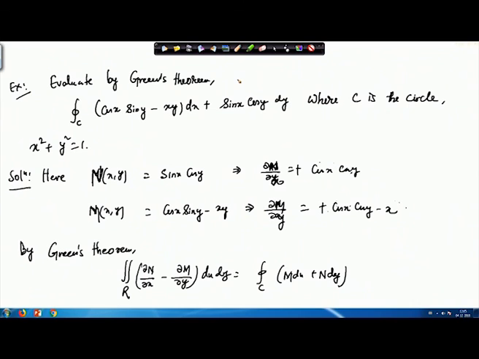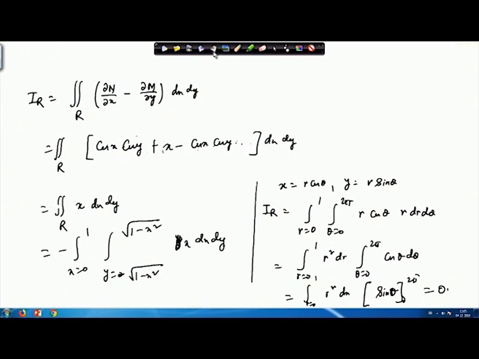We substitute the whole thing in the expression on the left hand side, and either we can proceed in this way or in this way. It's up to us. We just substitute x equals r cos theta, y equals r sin theta, and the ultimate answer is 0.